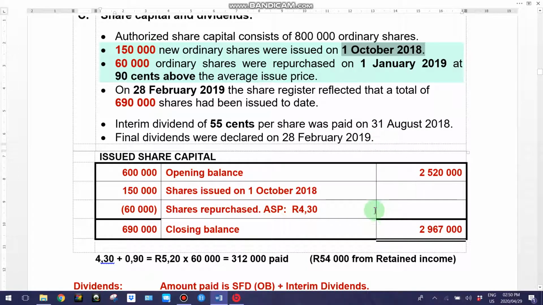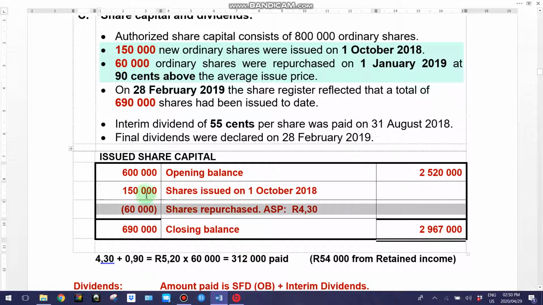So there is a small trick that I can do here. I take my closing balance, this number, and divide by the closing number of shares, and you'll see you get an answer of 4.30. So if you can't calculate your average share price from the top, then you simply calculate it using the closing balance, provided the share buyback is the last transaction on your share capital note.